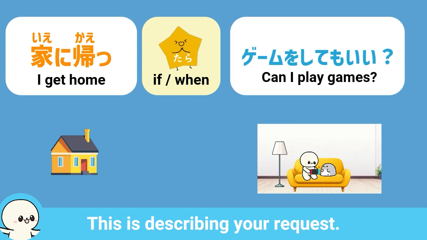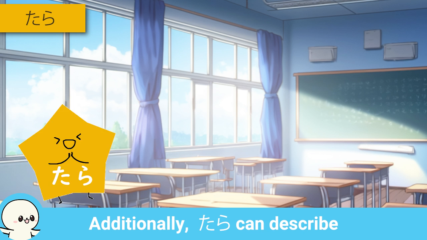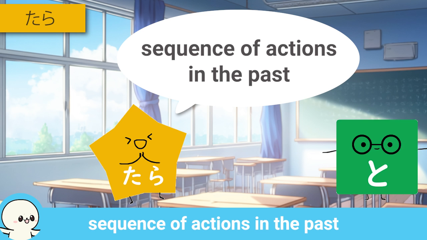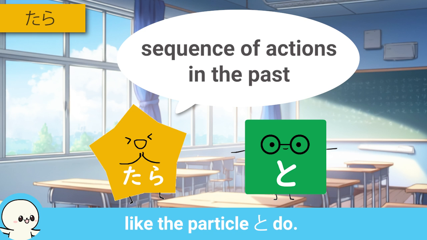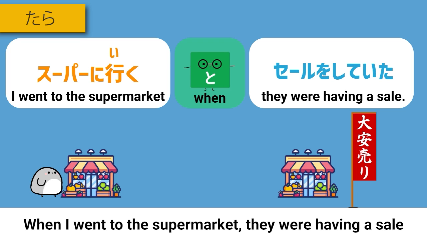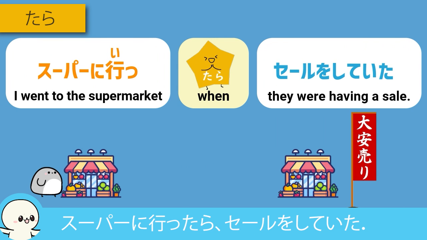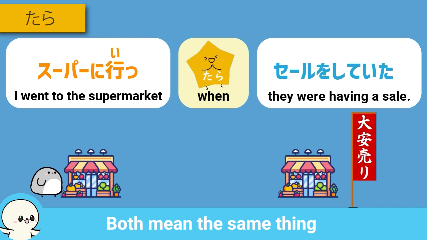This is describing your request. Additionally, たら can describe a sequence of actions in the past like the particle と does. スーパーに行くとセールをしていた. Swap the particle と with たら. スーパーに行ったらセールをしていた. Both mean the same thing and have the same nuances.